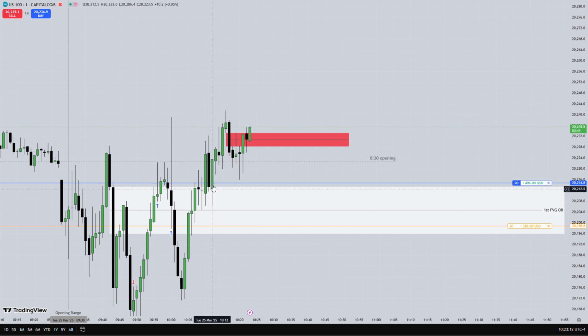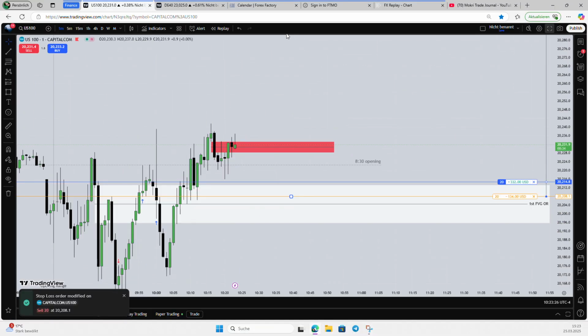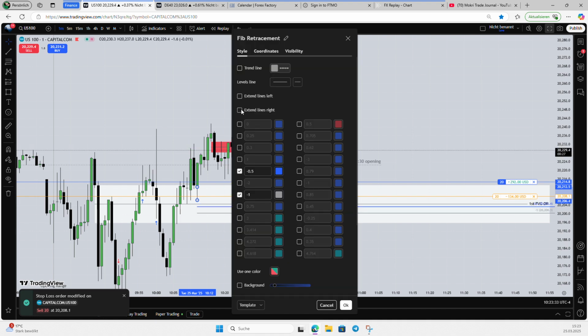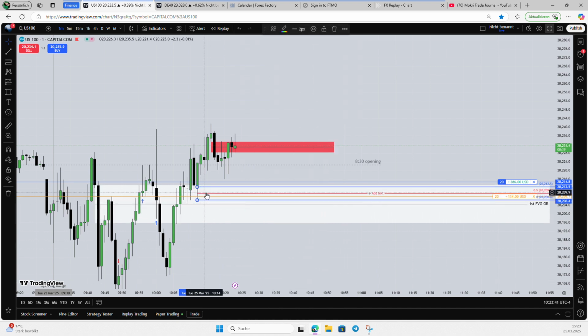But in this case, because price is this rangy and consolidating that much, I'm gonna use the consequent encroachment of this wick, and I'm gonna place my stop loss about one tick below the consequent encroachment. So let me extend this to the right here. Okay, here, this is the 50% level.